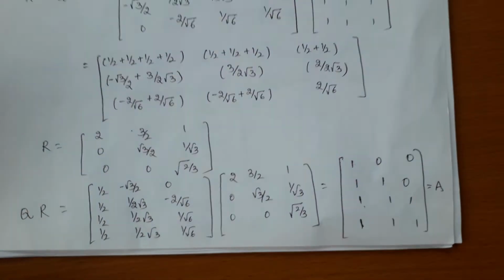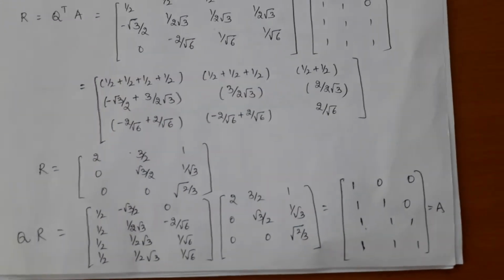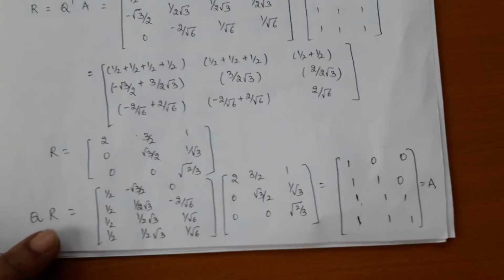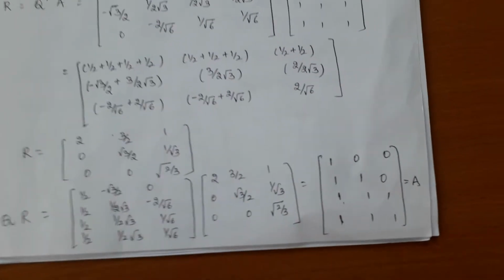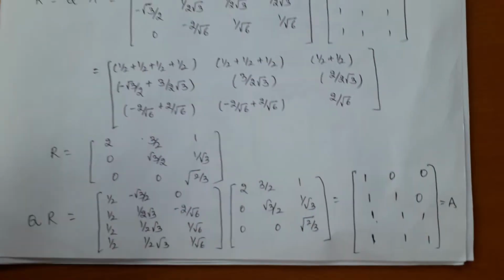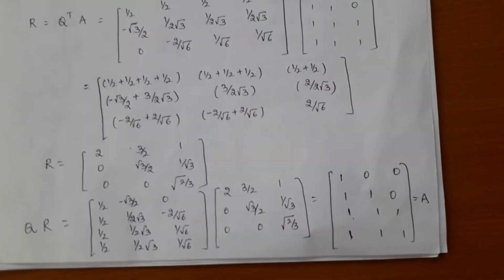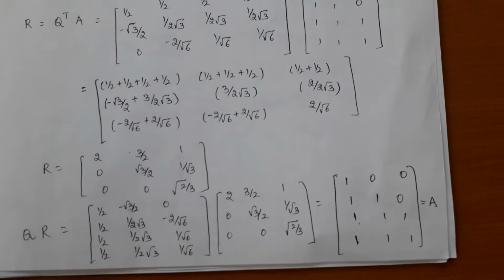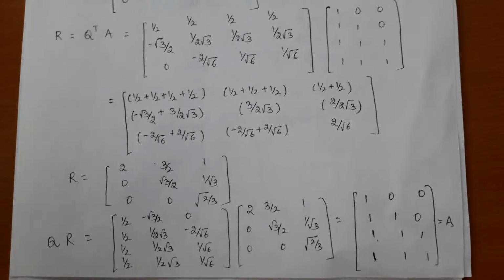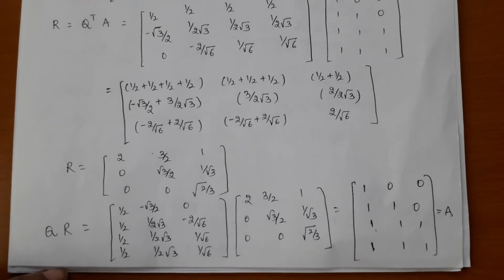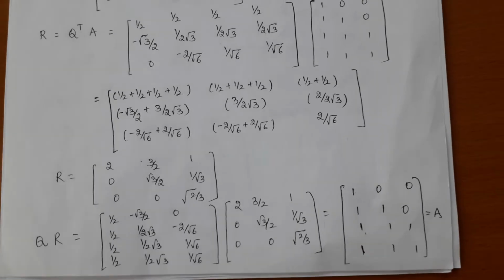It satisfies. Before winding up this problem, I want to know whether the factors Q and R I obtained are correct or not. I have to multiply Q and R. This is where students make mistakes: even though they don't get A after multiplying Q and R, they simply write A. But keep in mind, the examiners are very sharp compared to you; they already know what they expect for Q and what they expect for R. We expect Q R to be unique.